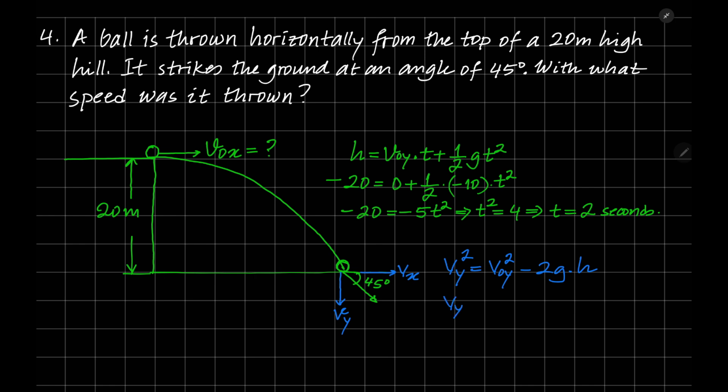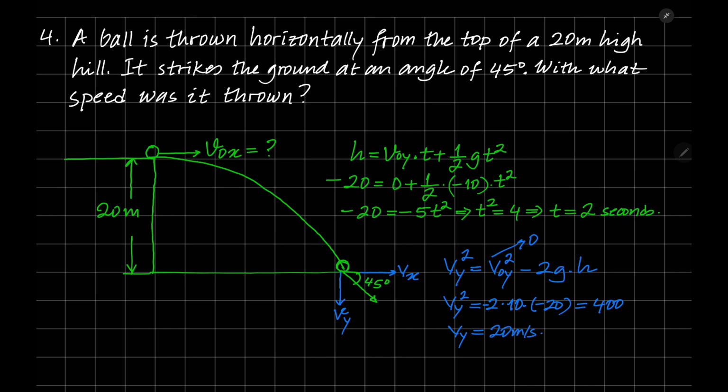And this means vy square is equal to 0 plus 2 times 10 times 20, since the acceleration is negative and h is negative 20. It's equal to 400. That means the vertical component of the velocity is equal to 20 meters per second.